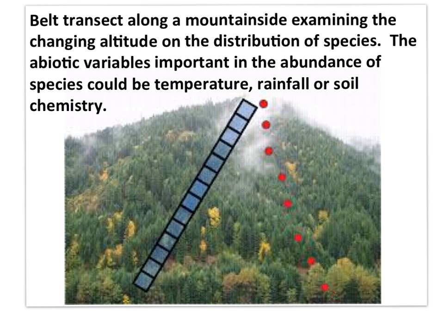Here is a belt transect along a mountainside examining the changing altitude as the abiotic variable on the distribution of species along the transect line. The abiotic variables important in the abundance of species could be temperature, rainfall, or soil chemistry.